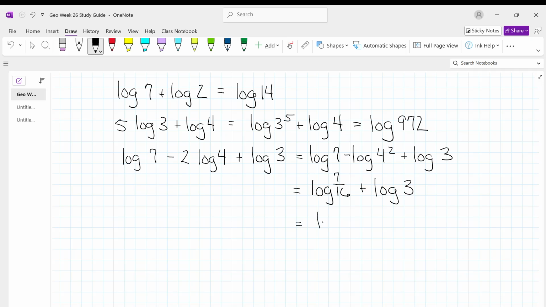So this would be log 7 over 16 times 3. So 7 over 16 times 3 is 21 over 16, as a single log.